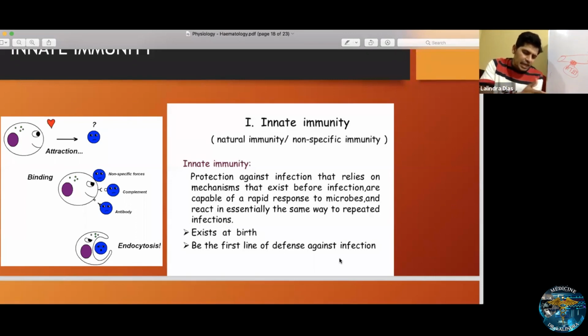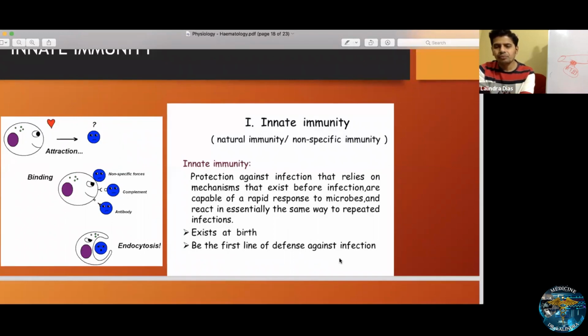What are they? Innate immunity is present at birth. So even before the infection sets in, the mechanisms are activated. Even before the infection, the innate immunity is persisting in your body, because it's present at birth.